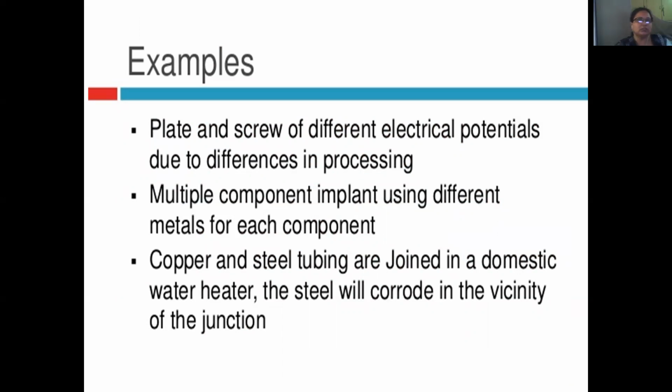This example you can see in houses also. In water heaters generally the steel starts corroding. Why? Because it is mixed with the copper. So heterogeneity leads to corrosion.